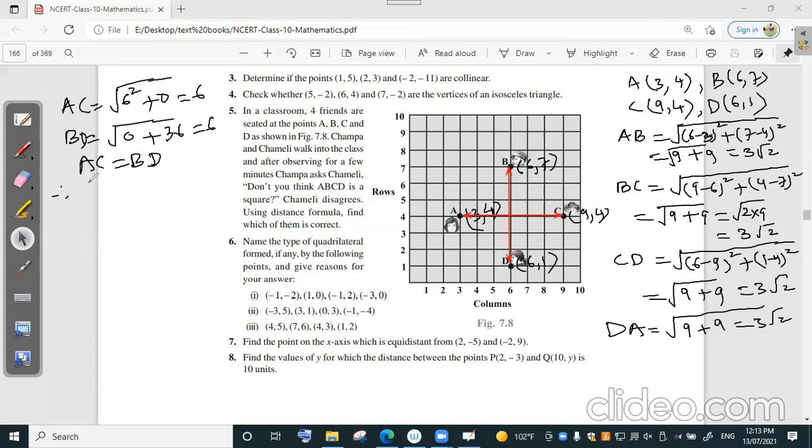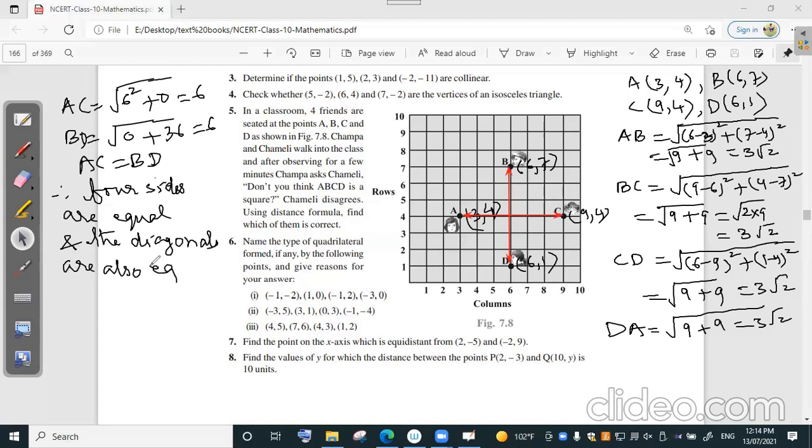Therefore, the four sides are equal and the diagonals are also equal. Therefore, ABCD is a square.